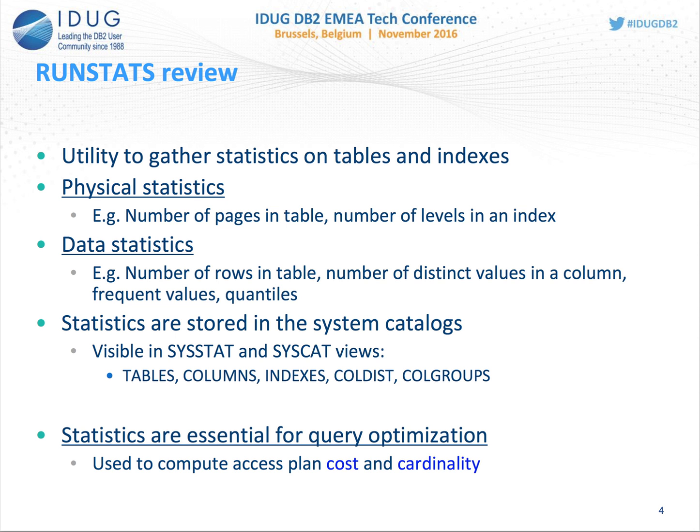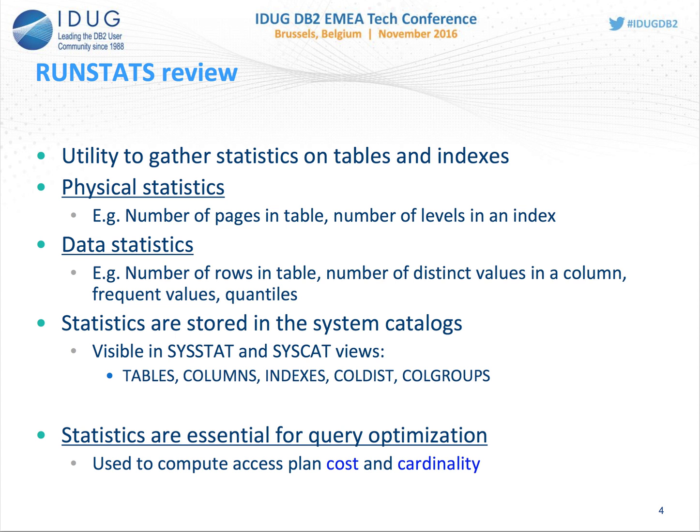And then there are stats about the data characteristics: the number of frequent values, the distribution of data in a column, the number of distinct values in a column, everything related to the data. These statistics are stored in the DB2 LUW system catalogs, and you can see them through a set of catalog views, either the sysstat or syscat views. There are really just 5 views that contain all those stats.